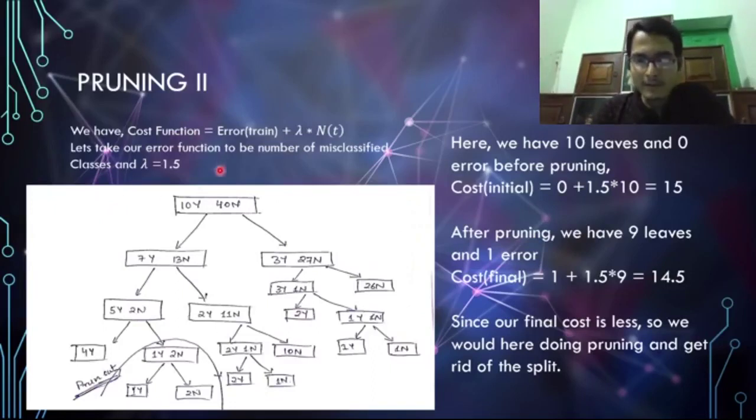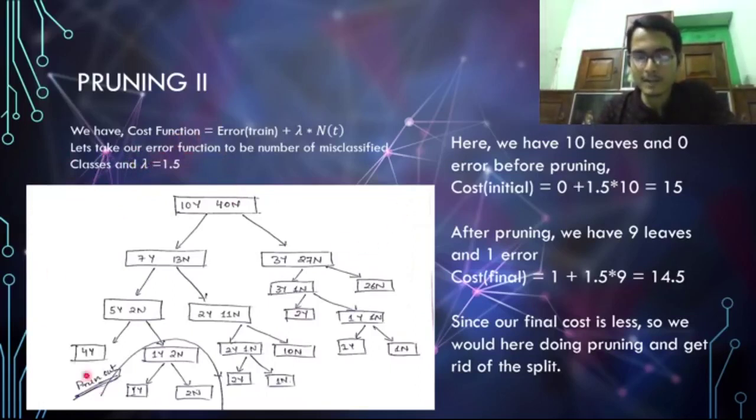Let us assume lambda equals 1.5. Say we have this complex decision tree with a lot of splits. First you count the number of leaf nodes: 1, 2, 3, 4, 5, 6, 7, 8, 9, 10. So we have 10 leaves and 0 error before pruning.